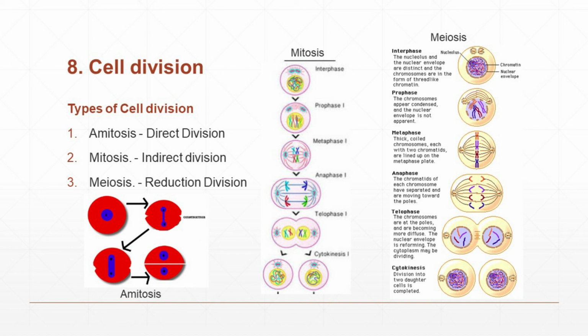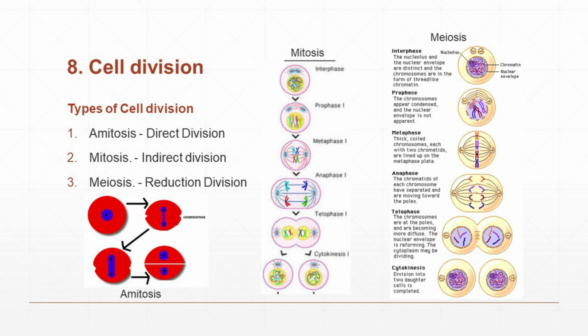In this cell division, one parent cell divides into two identical daughter cells, each with a nucleus having the same amount of DNA, same number of chromosomes and genes as the parent cell. It is also called equational division.